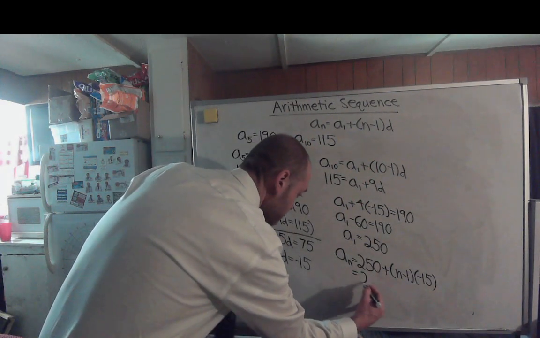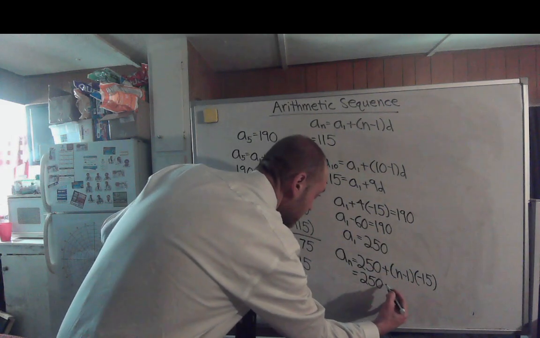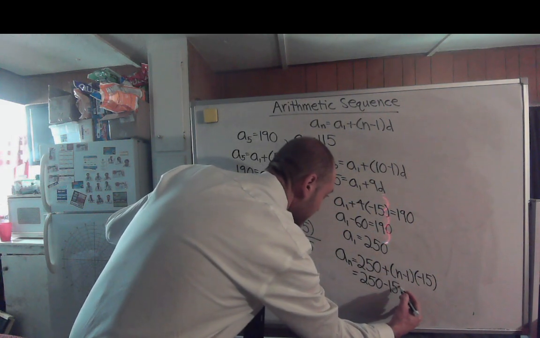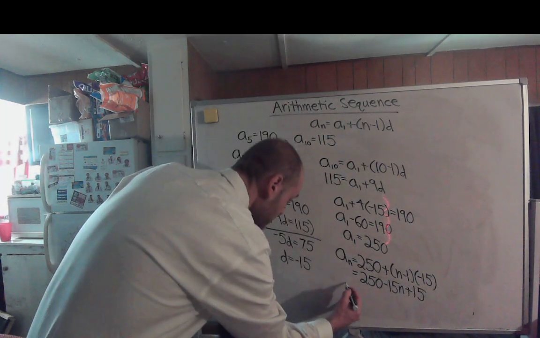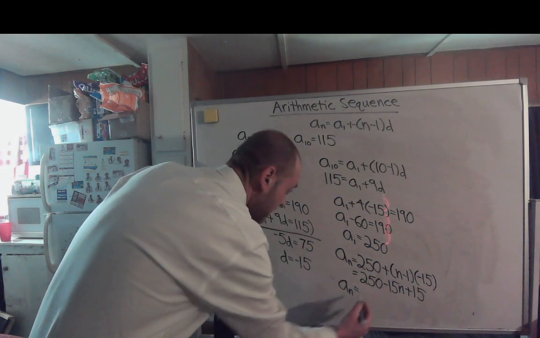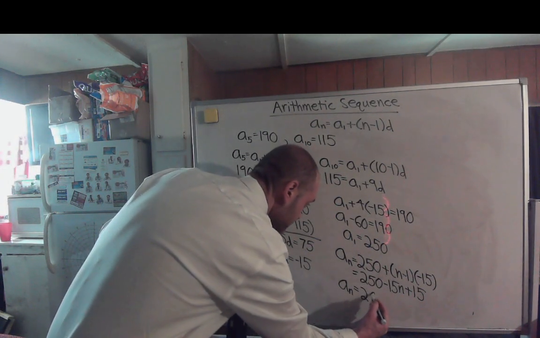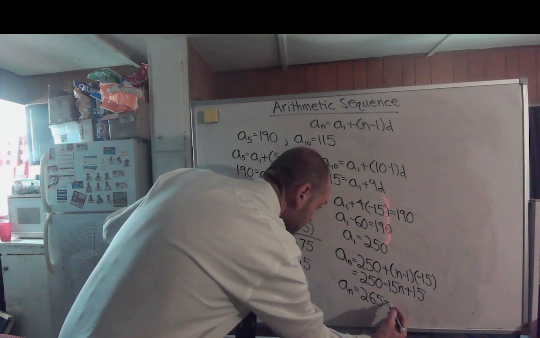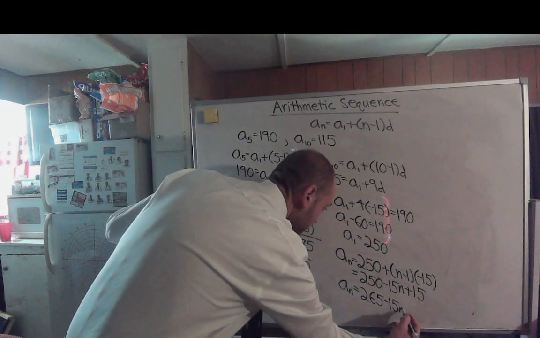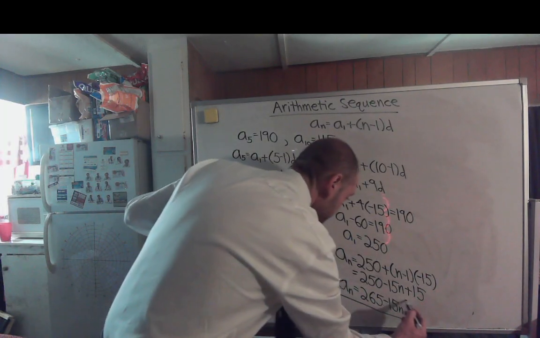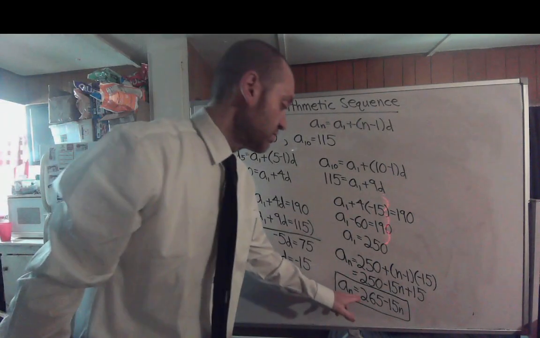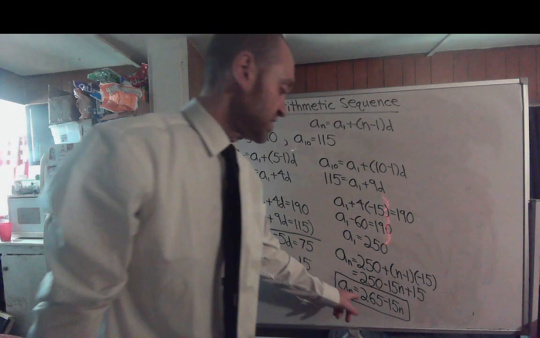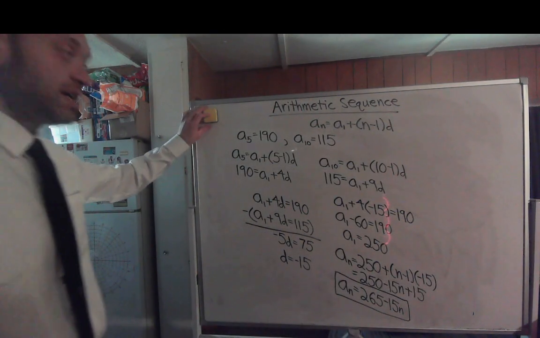Simplify this, you'll get 250 minus 15n plus 15, which means my final simplified answer is 265 minus 15n. That would be the general explicit formula for the nth term of the sequence. A sub n equals 265 minus 15n.